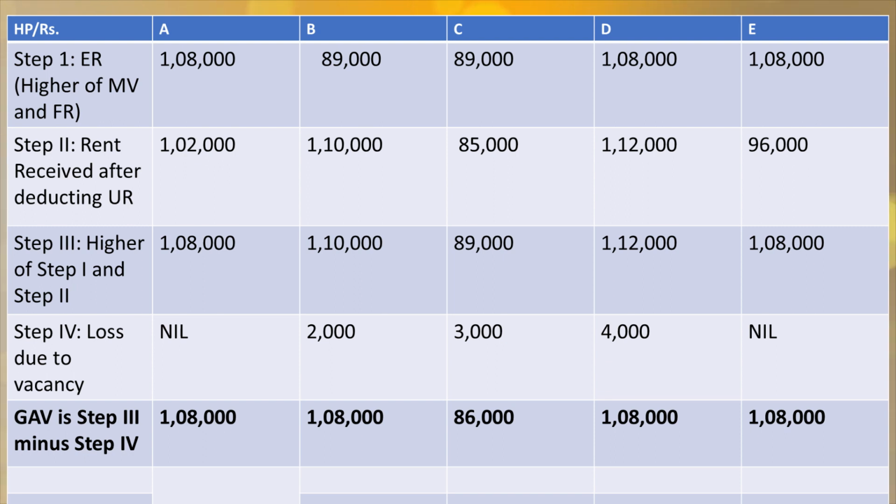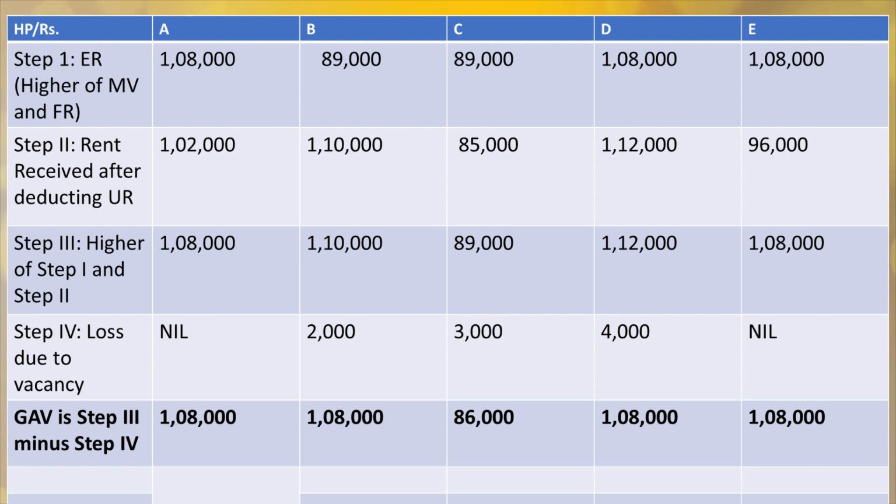So if we see how it is being determined, in step 1 we will find out the expected rent, which is the higher of municipal valuation and fair rent, which shows like this for 5 house properties A, B, C, D, E. Step 2, we will see rent received after deducting the unrealized rent.